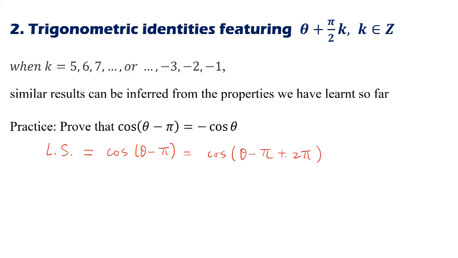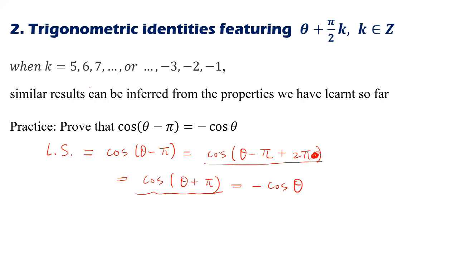As we have proved, if you add 2 pi times an integer k here, the trigonometric ratios should be the same as the previous one. So cosine of theta minus pi equals cosine of theta minus pi plus 2 pi. And this is actually cosine of theta plus pi, right? And we have proved that cosine of theta plus pi is actually minus cosine theta, right?